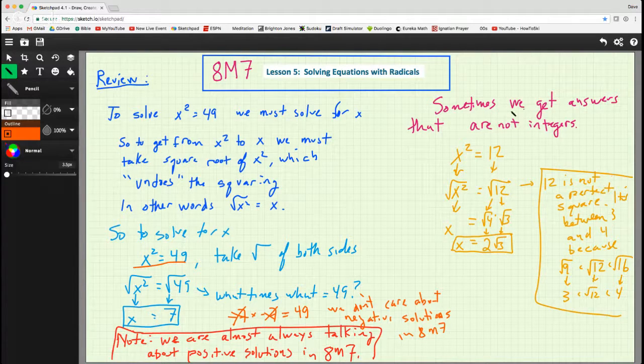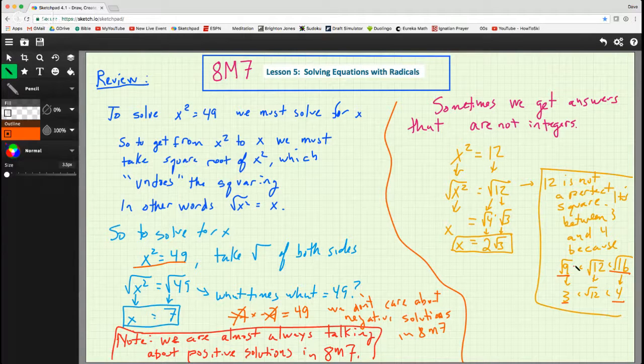The other key piece of information that we learned in lesson 4, last lesson, was that we don't always get integers for answers. Because if we get x squared equals 12, for example, you know that the square root of 12 has got to be between 3 and 4, because the square root of 9 is 3 and the square root of 16 is 4.